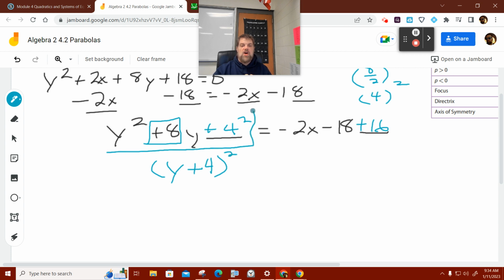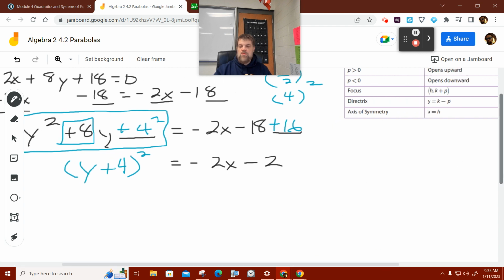In other words, if I multiply y plus 4 times y plus 4, it equals y squared plus 8y plus 16, right? Well, then over here, I'm going to have negative 2x minus negative 18 plus 16, which is just negative 2. Okay?